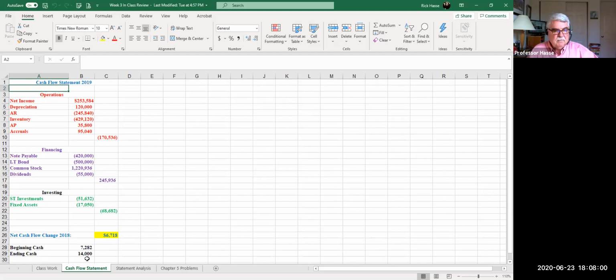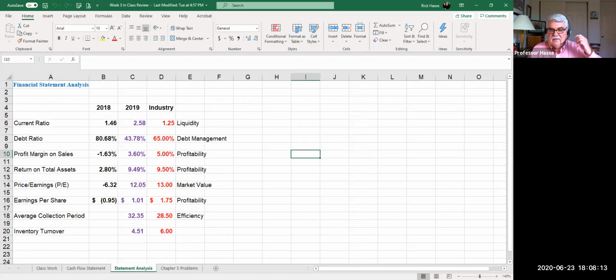One of the things that I wanted you to do, in regards to chapter 4, is take a look at the financial statement analysis of this company. And I had a sheet like this that was blank. And I encouraged you to try to follow that, not for a grade, but try to complete it.